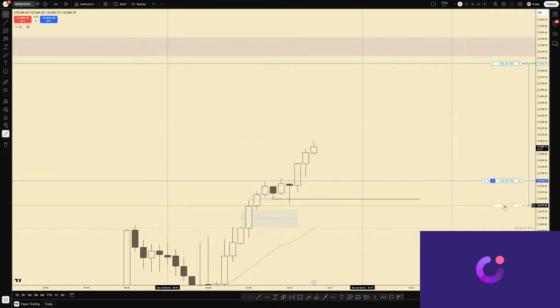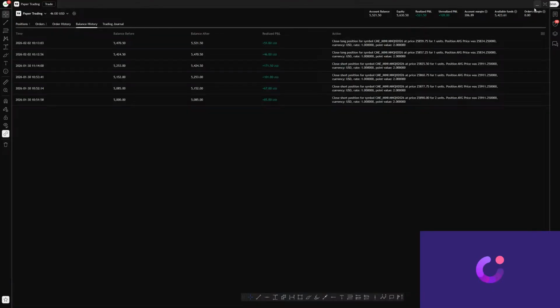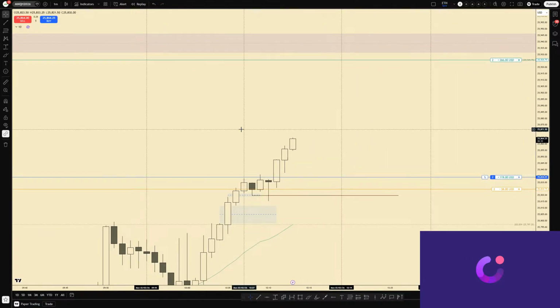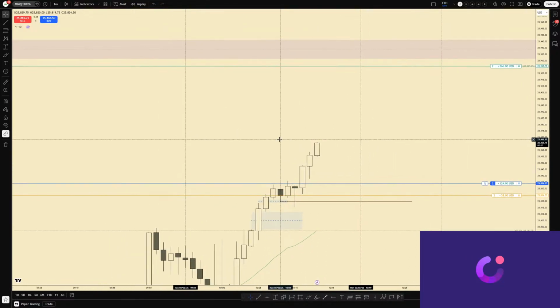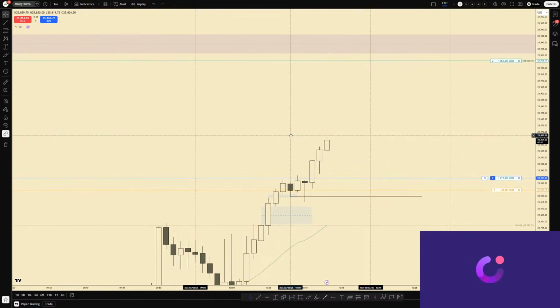We can trail stop loss to break even, and if it takes our break even, we would end the day on profits. This all depends on the system that we prefer. Okay.